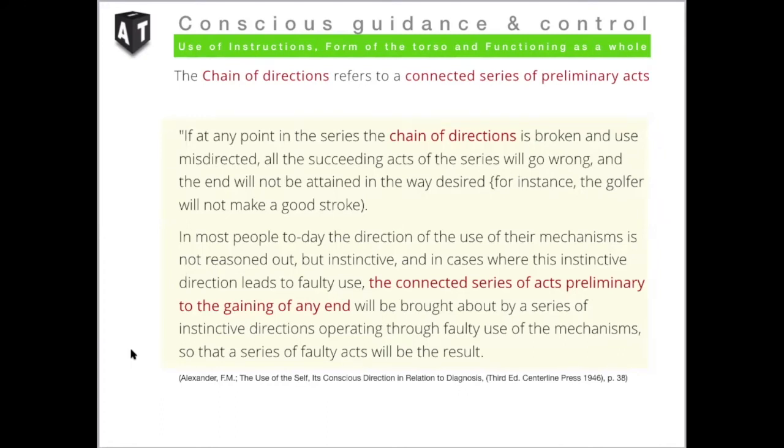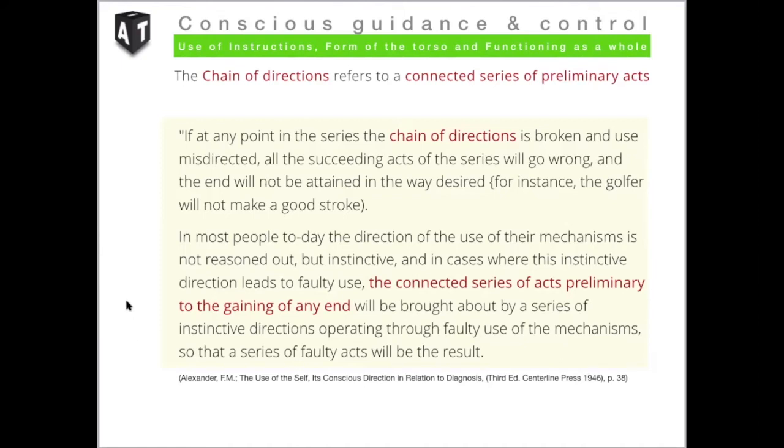And in cases where this instinctive direction leads to faulty use, the connected series of acts preliminary to the gaining of any end will be brought about by a series of instinctive directions operating through faulty uses of the mechanism, so that a series of faulty acts will be the result.